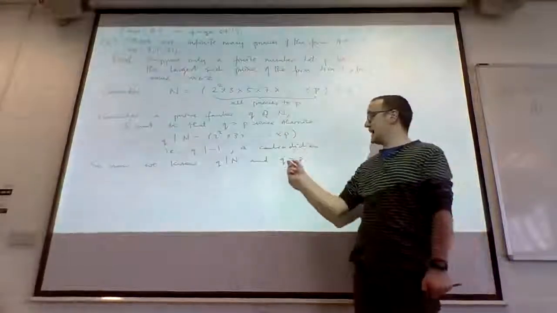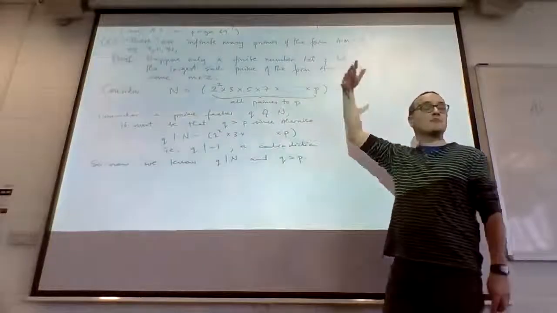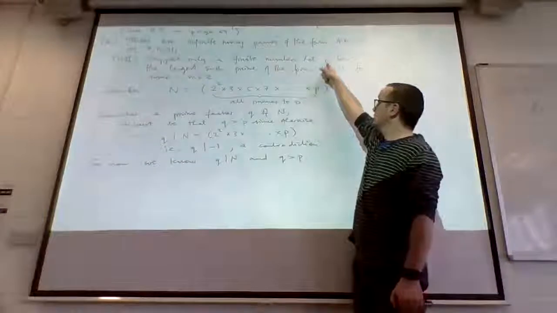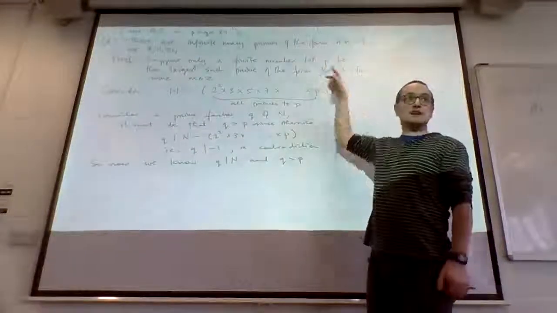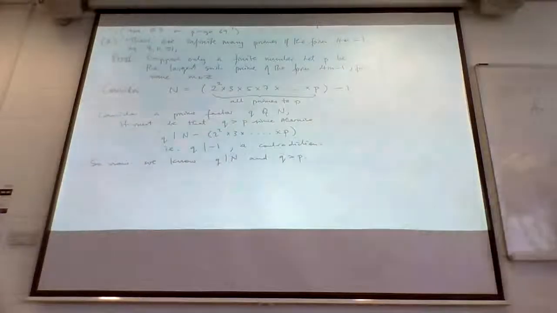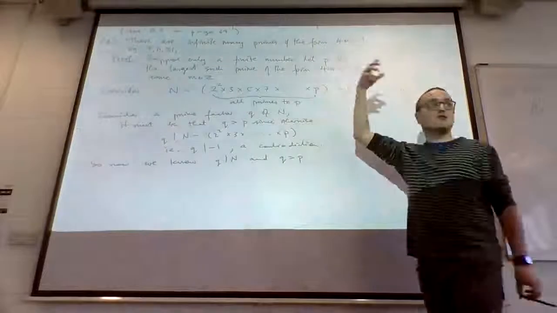Here we would encounter another prime, bigger than p, which is also of the form 4m minus 1. That contradicts our assumption at the start that there was only a finite number of these primes.